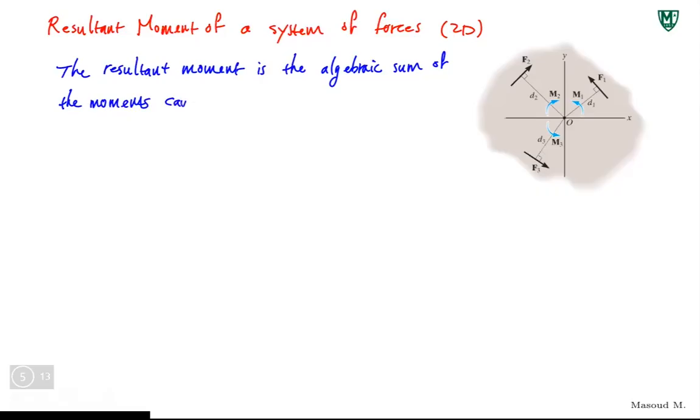You can just make it a little more fancy, caused by all the forces. All right. So what I'm trying to say, well, let me put the sign convention first.